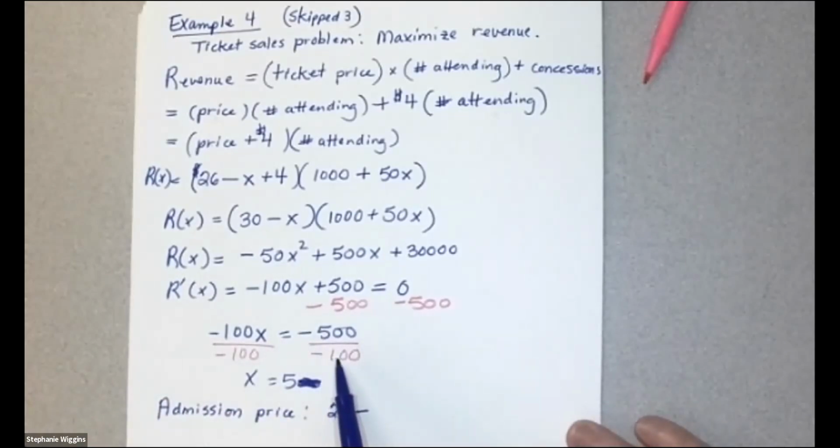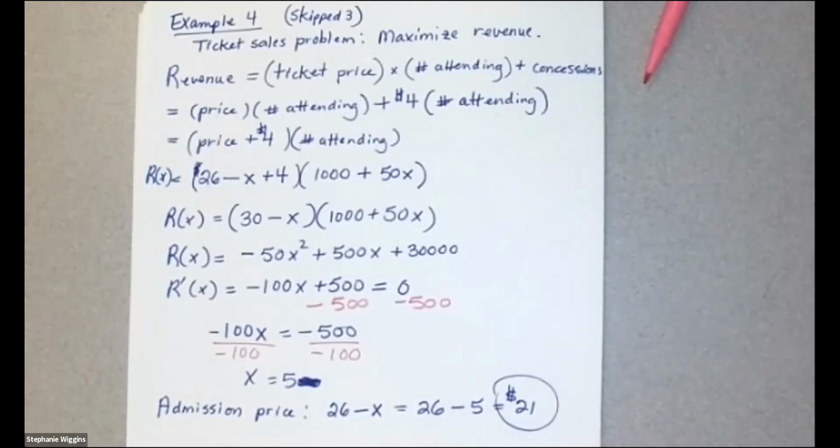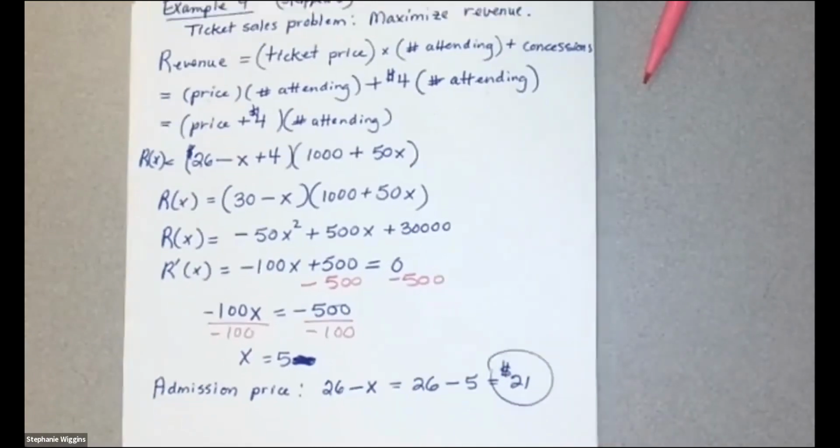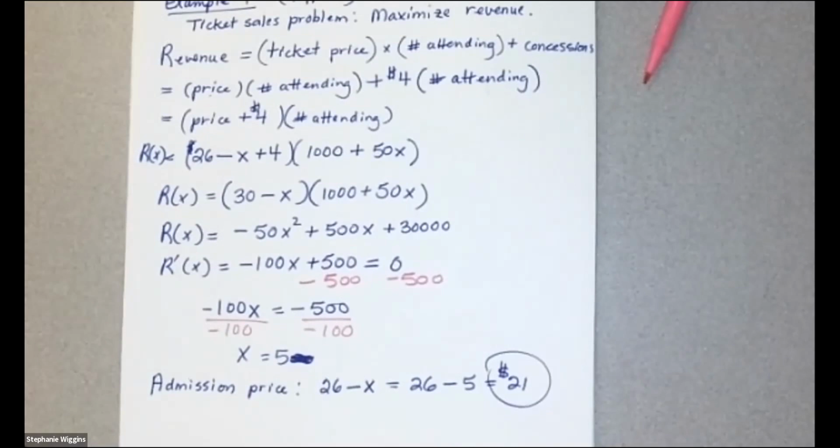Negative 500 divided by negative 100 is 5. So 26 minus the x, which in this case is 5. So if I set my price at $21, I'm going to maximize my revenue. Okay, so that's how these problems work in section 3.5.